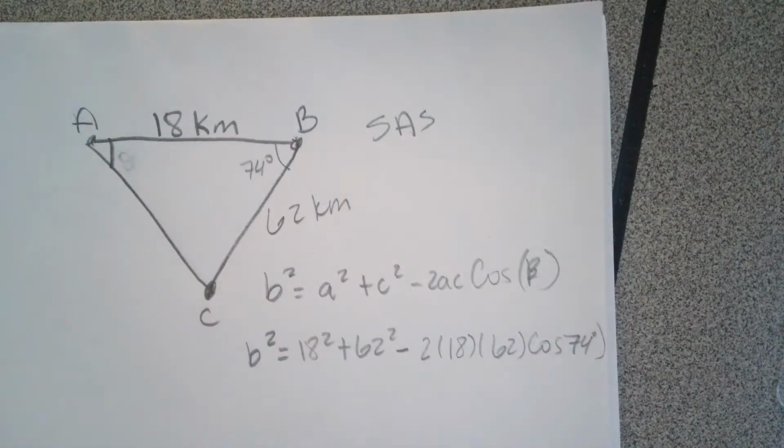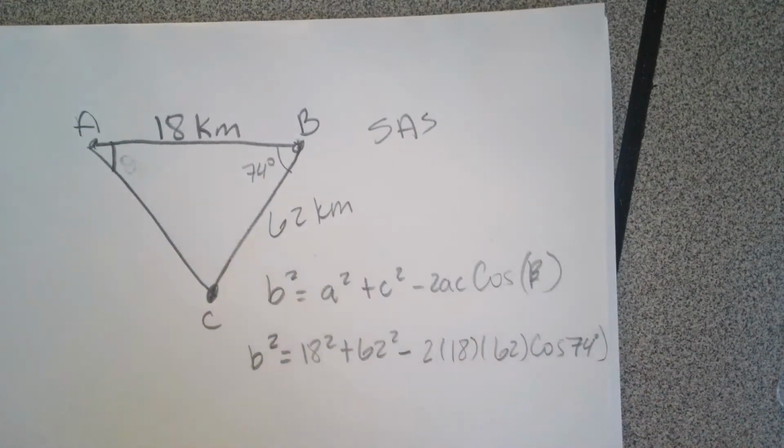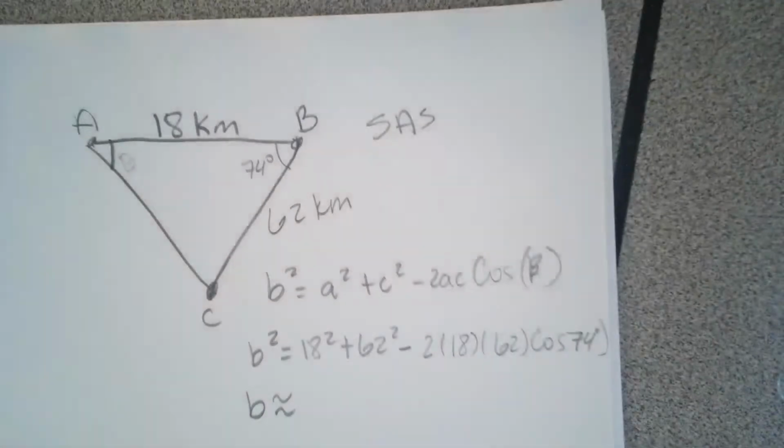And then I'll take the square root of that, right? Those are all just numbers. And so B is approximately what?